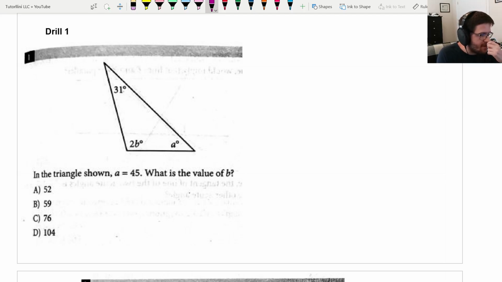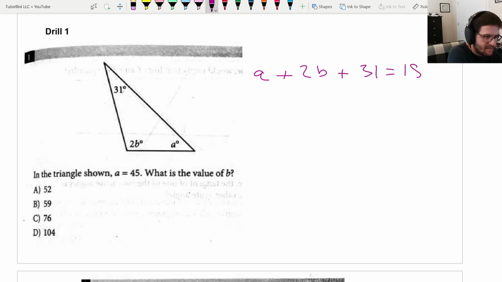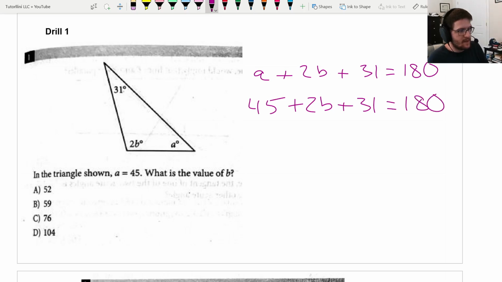Great. Okay, this one, we're just going to write an equation. All the angles have to add up to 180. So A plus 2B plus 31 equals 180. And A is 45. So 45 plus 2B plus 31 equals 180. And let's see, 45 plus 31 is 76, so 2b plus 76 equals 180.